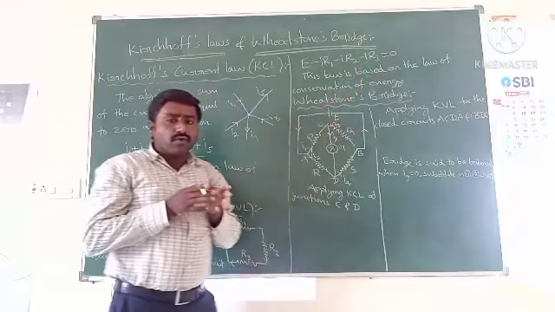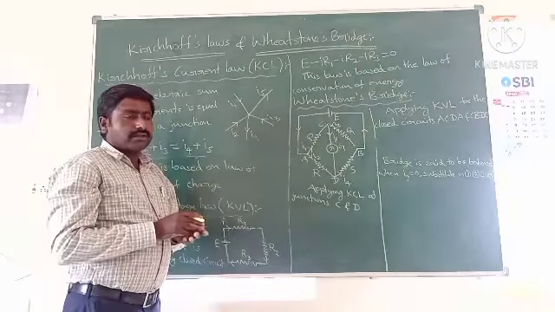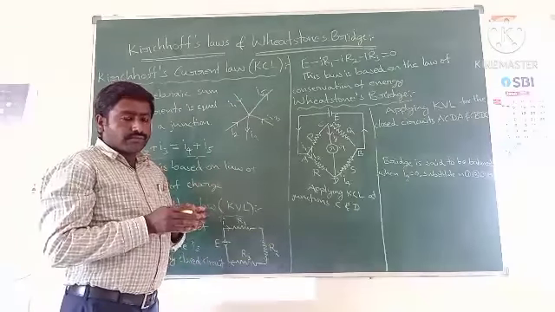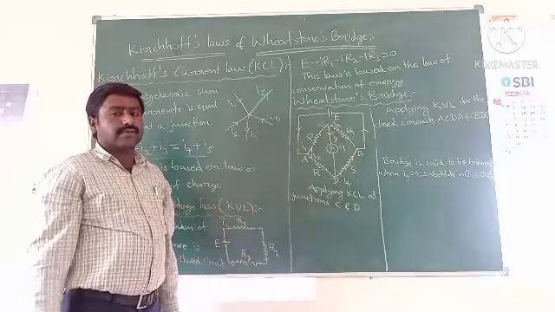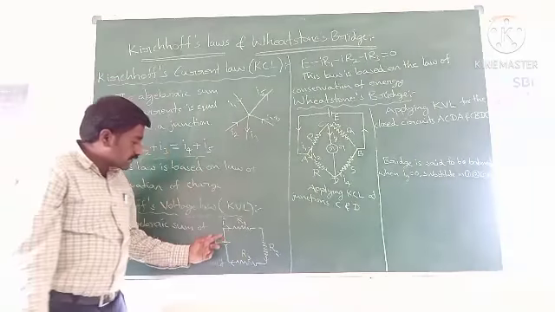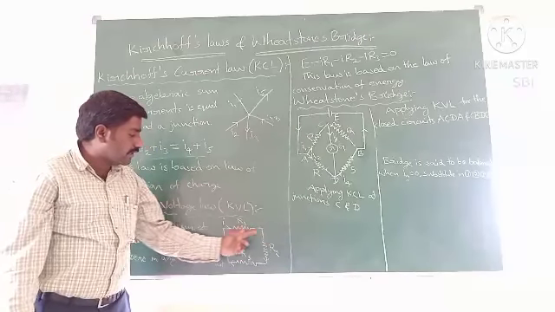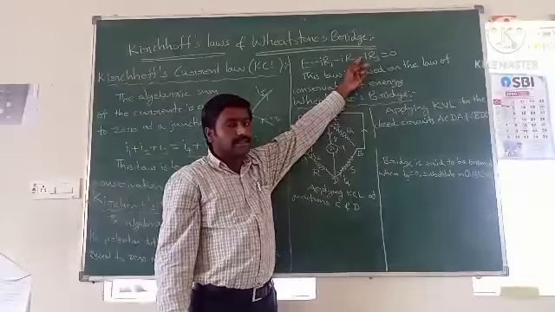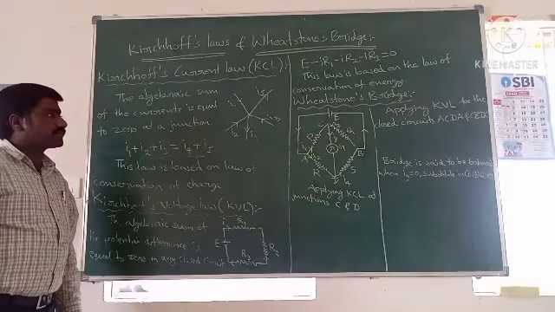That means if our movement direction and current direction are both in the same direction, then we should take the sign as minus, and if our movement direction and current direction are opposite, in that case the sign will become plus. So in this case we moved along the current direction. So that's why the potential difference at R1, R2, R3 is taken as minus. So this is called KVL, Kirchhoff's voltage law.